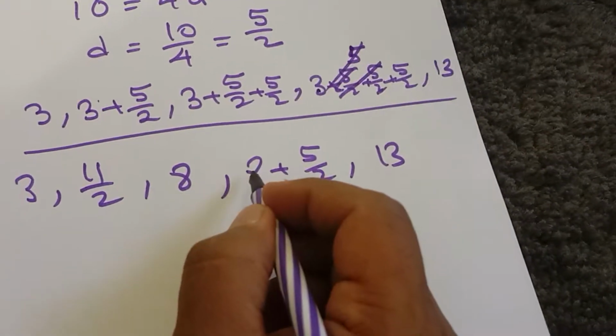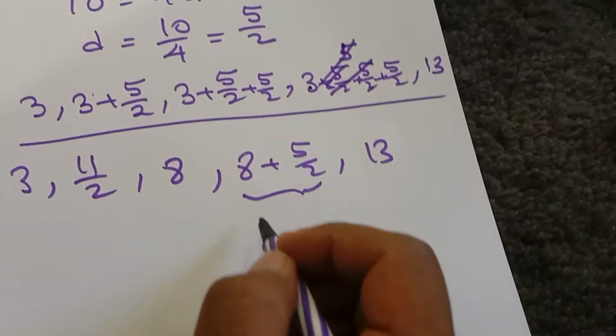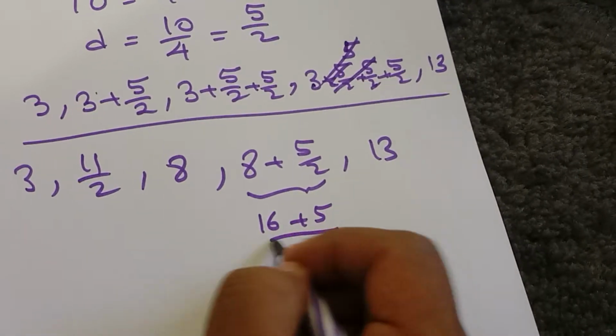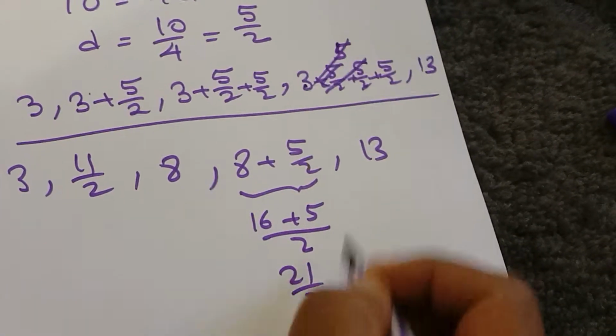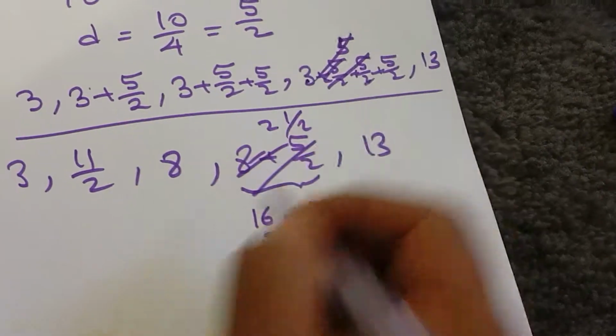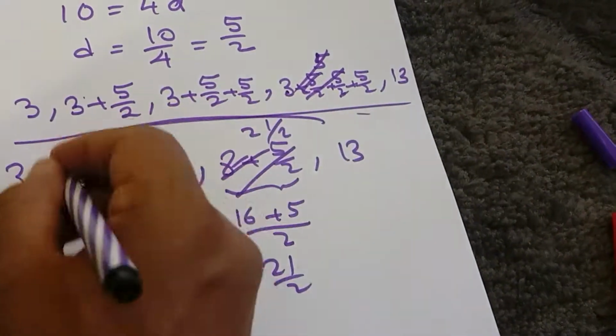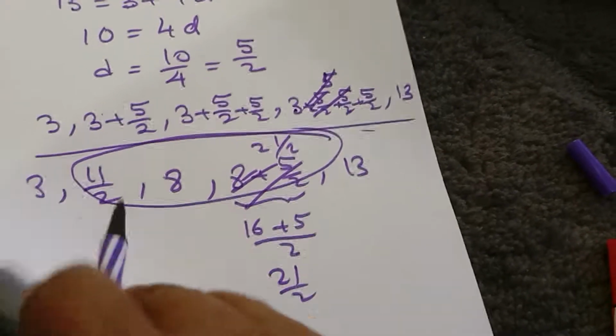We need to work on this. Multiply by 2 over 2, you get 16 plus 5 over 2, which is 21 over 2. Now these are the 3 arithmetic means.